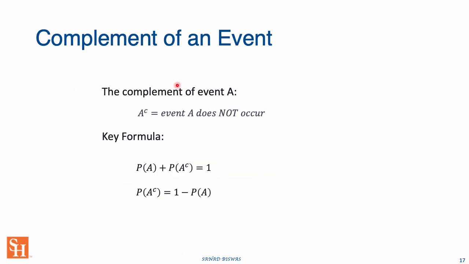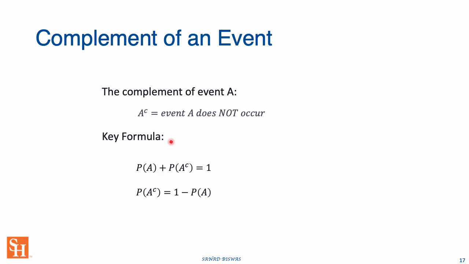So now let's see how we define the complement of an event. The complement of an event, say A, indicates that A does not occur, and we call that A complement, which means A will not occur.